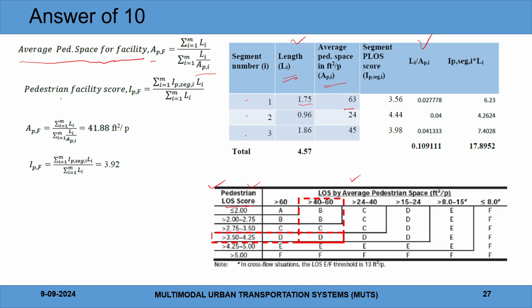And for calculating the pedestrian facility score, that is IPF, it is the average pedestrian score, IP segment I into Li. This value you need to calculate, and for that you take IP segment I and multiply it by Li.